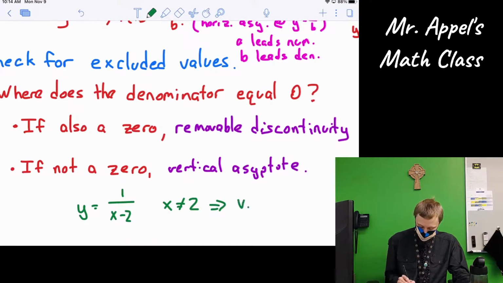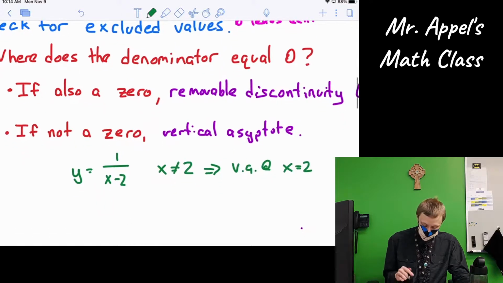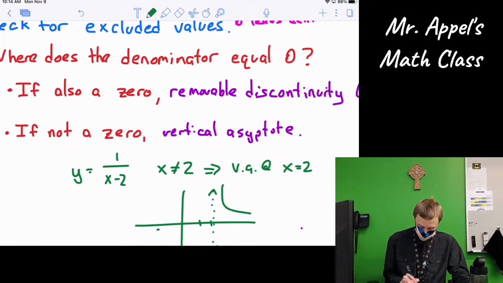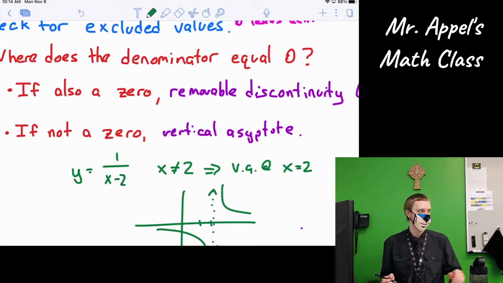Therefore, we have a vertical asymptote at x equals 2, which means on your graph, you go dotted line right there. And now the graph can do its thing.